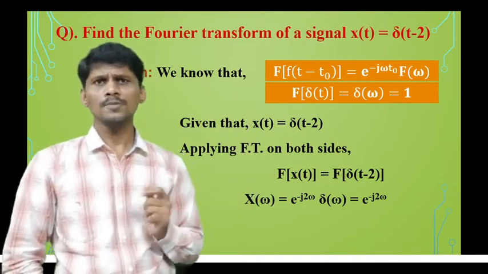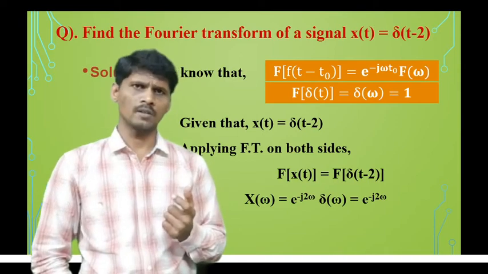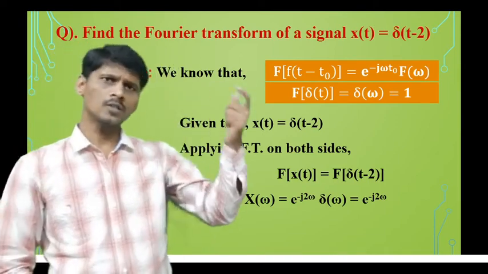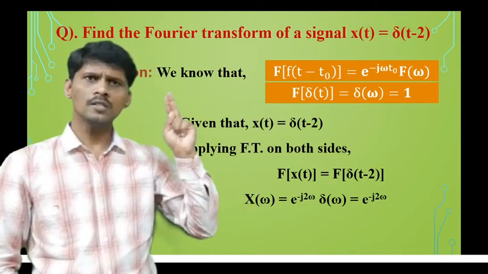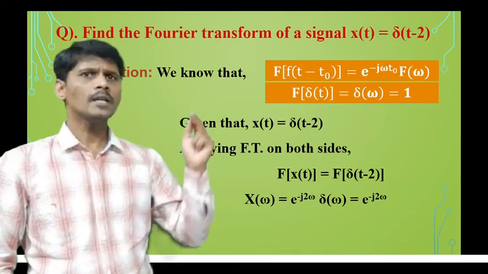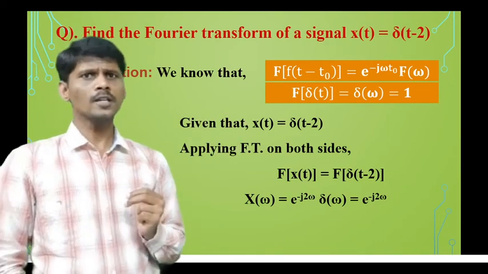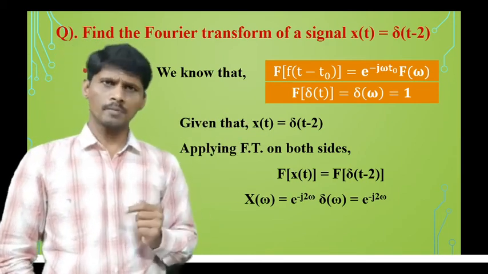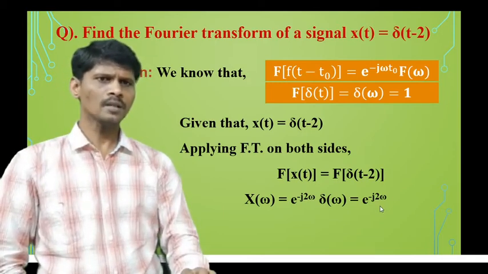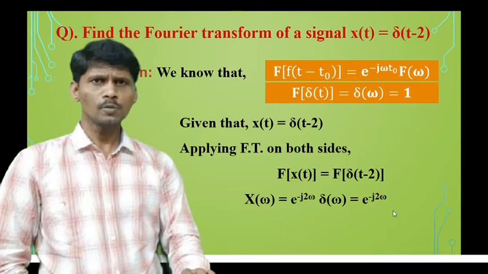What is the Fourier transform of del of t? Del of omega. Applying the shifting property to del of t minus t naught, the shifted amount is 2 seconds, so e power minus j2 omega into Fourier transform of del of t. What is the Fourier transform of del of t? Del of omega, which is 1. So that is equal to e power minus j2 omega.